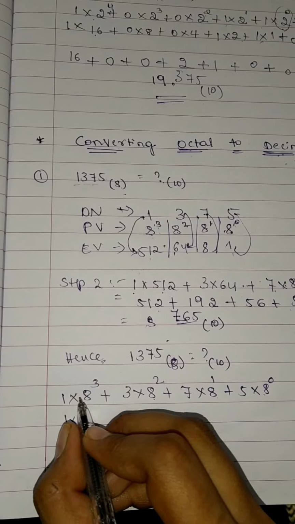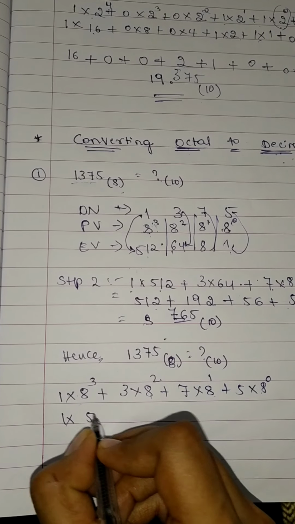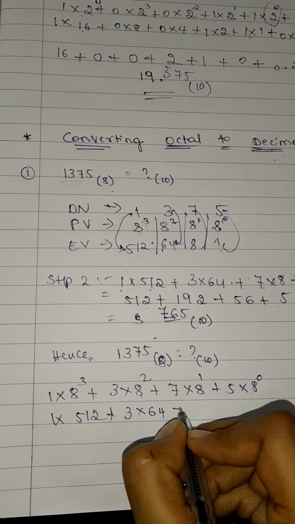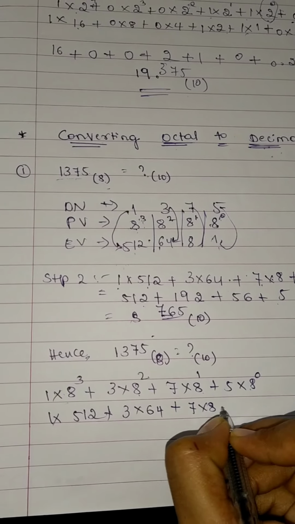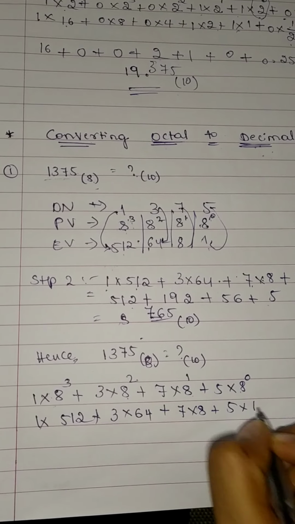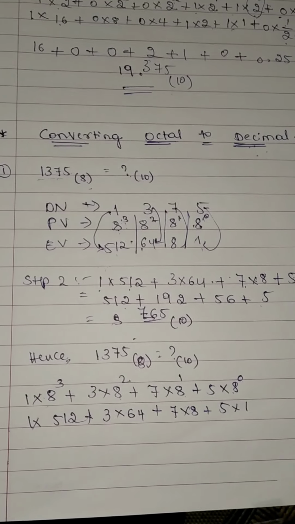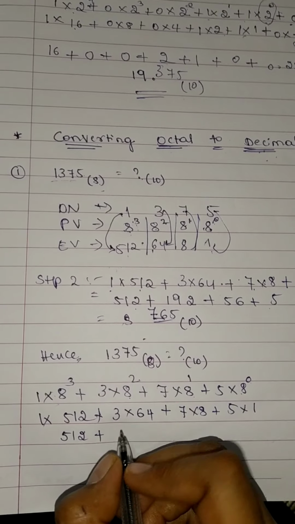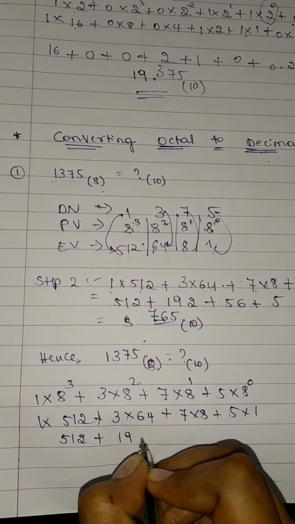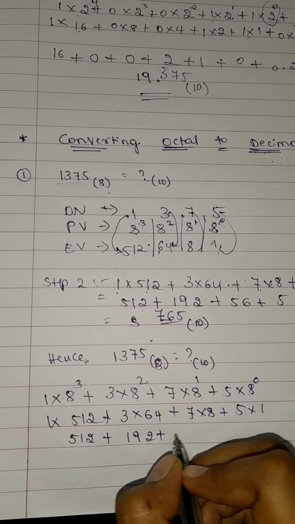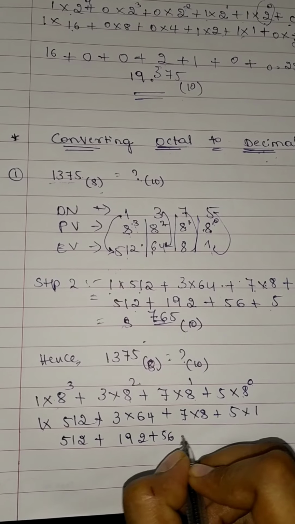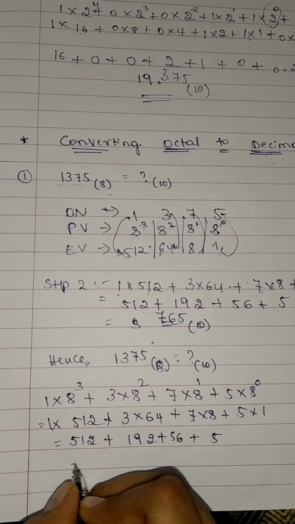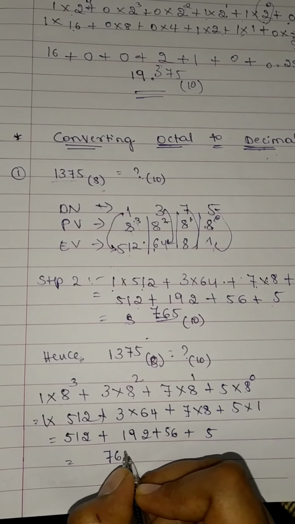So 1 into 8 into 8 into 8 is 512, plus 3 into 64, plus 7 into 8, plus 5 into 1, because any number with power 0 is 1. So 512 plus 192 plus 56 plus 5, and we get the sum as 765.